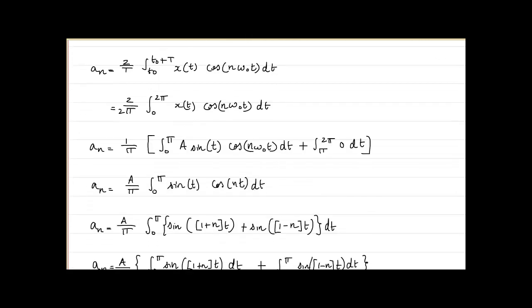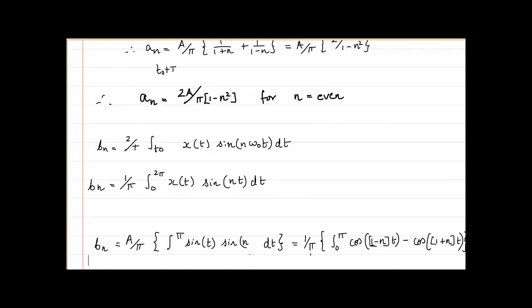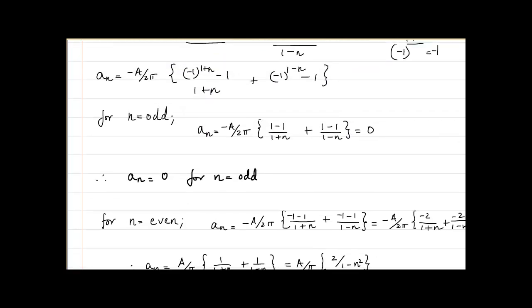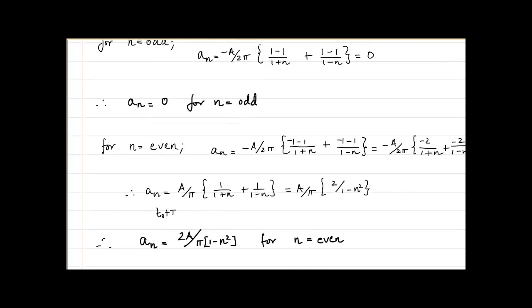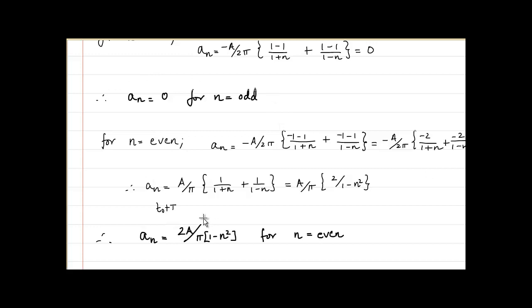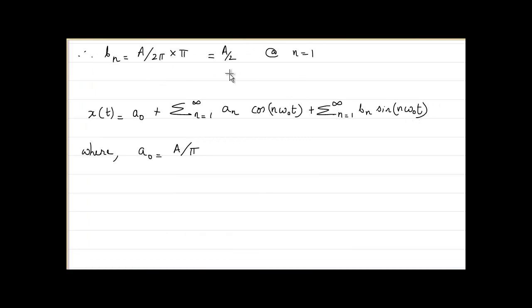The second one was an, where we found it to have two values, a particular value for odd and a particular value for even. Correct? And finally we found out bn for only n is equal to 1. For a naught it is a by pi.